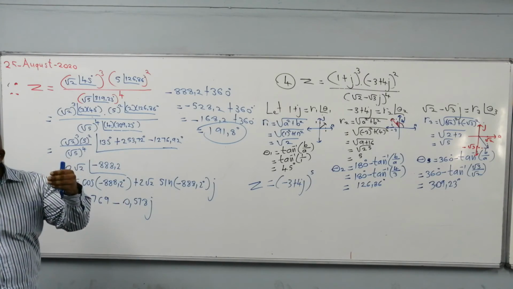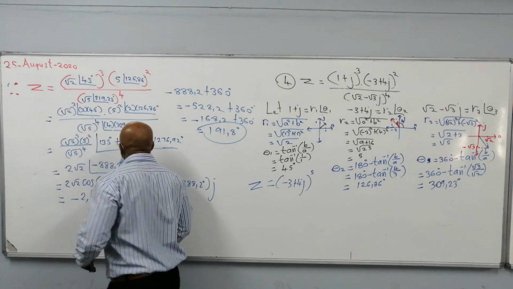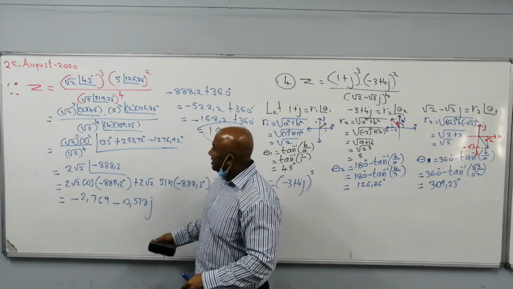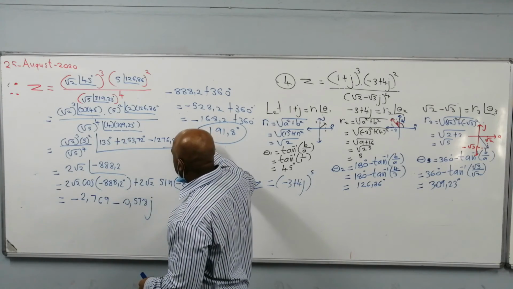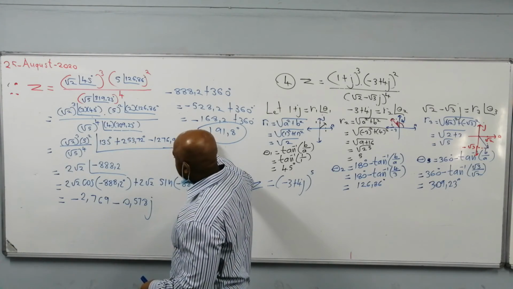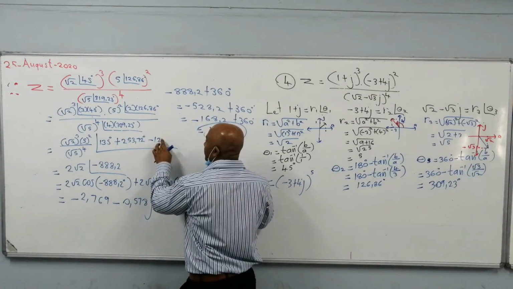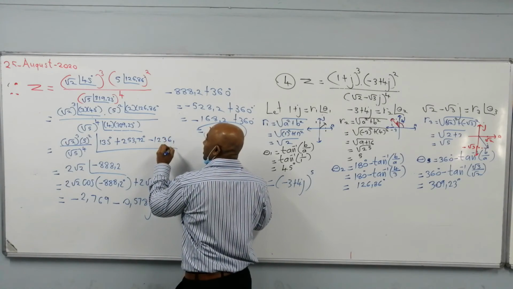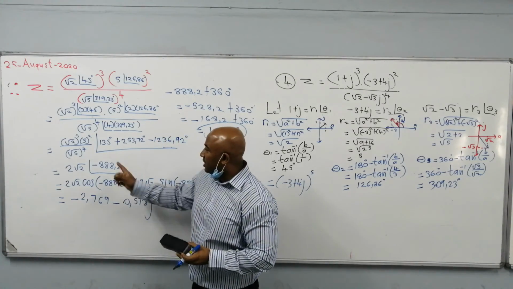Everyone do it now, so we'll know who's making a mistake here. So 309.23 times 4, what do we get here? 1236.92 degrees.